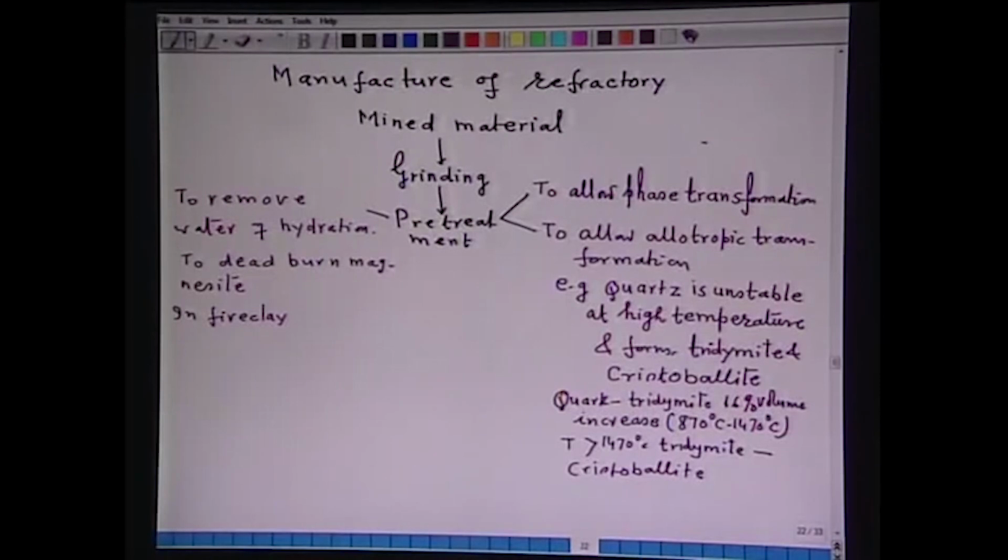This is the so called pre-treatment stage, a very important stage in the manufacture of refractory, and a lot of care is to be taken, so that any contraction or expansion in the material as a result of heating, and any volatile substances, for example H2O or CO2 in the material, should be removed and properly treated, so that the refractory produced from this material is good and does not create problem at the time of application.